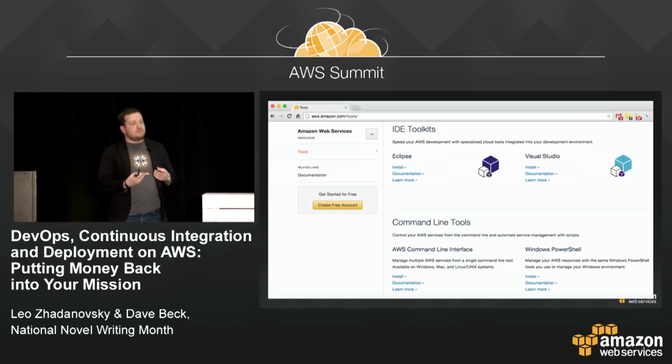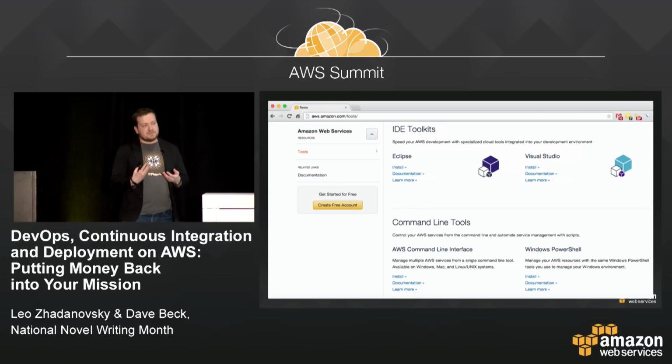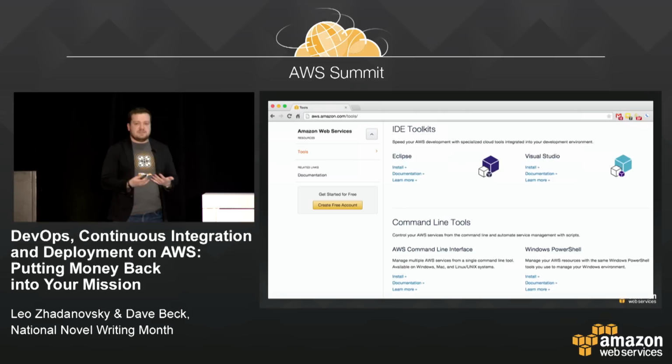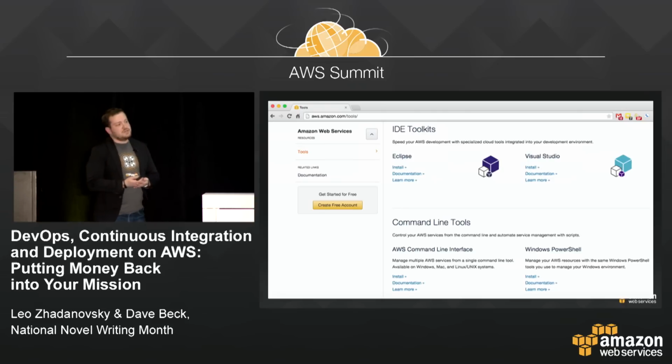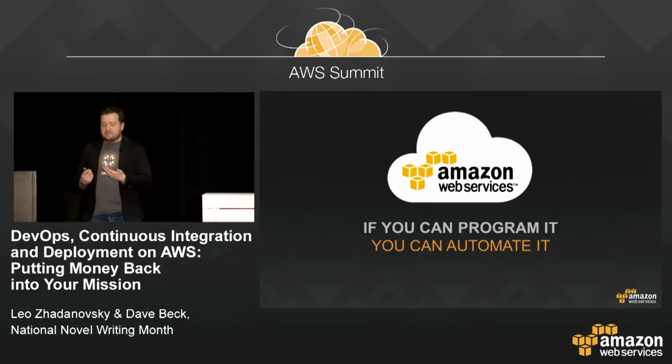You can do easy scripting on it. The default output on our command line utilities is JSON, so it's really easy to script against that. So you should take advantage of all these things to automate your architecture and infrastructure on AWS. Again, if you can program it, that means you can automate it.